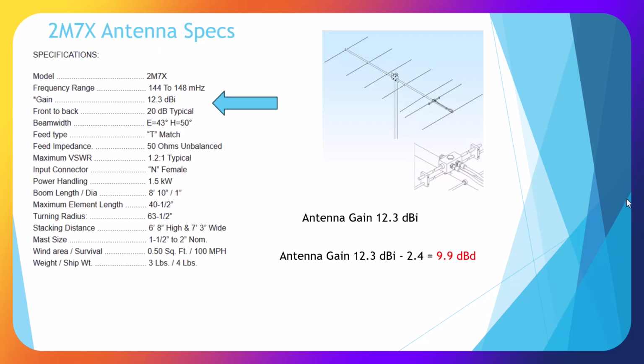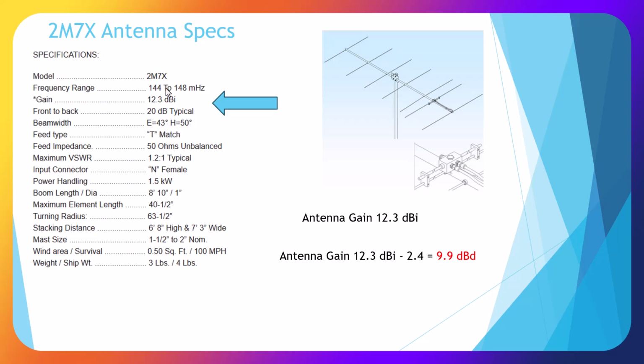Okay, let's take a look at our 2M7X antenna specs. We're interested in the 12.3 dBi, the gain of the antenna. And in order to convert dBi to dBd, we need to subtract 2.4.